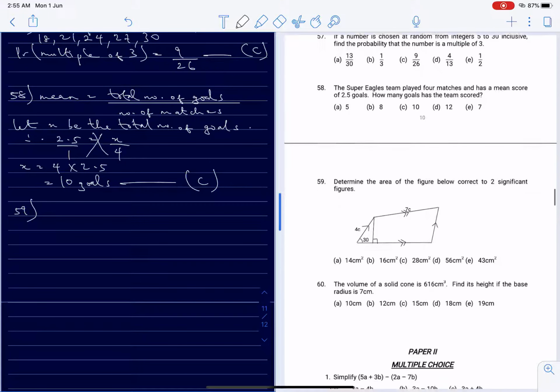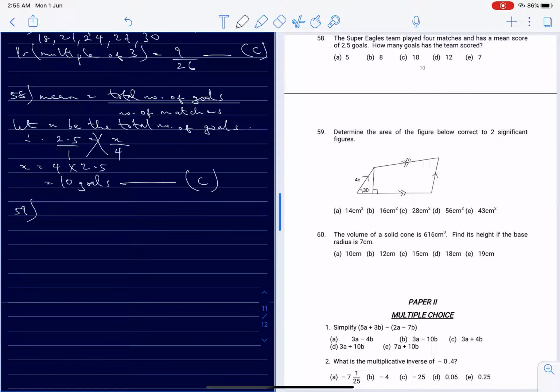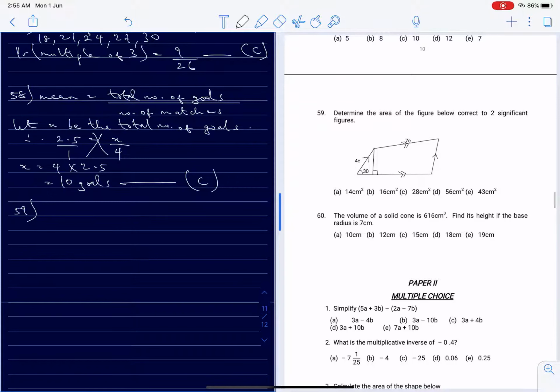Now to the next, question 59. Determine the area of the figure below correct to 2 significant figures. This isn't a clear one too. This diagram is not clear. So we go to the area.